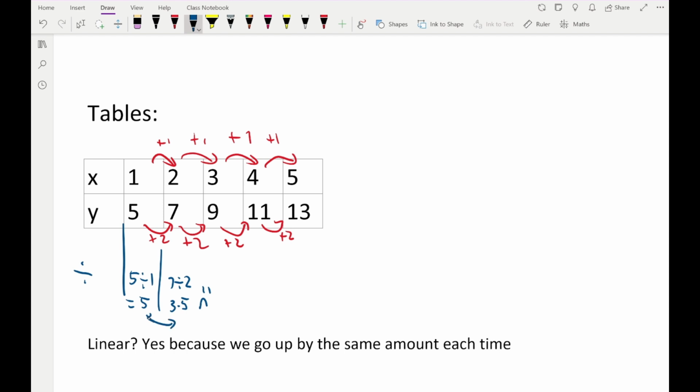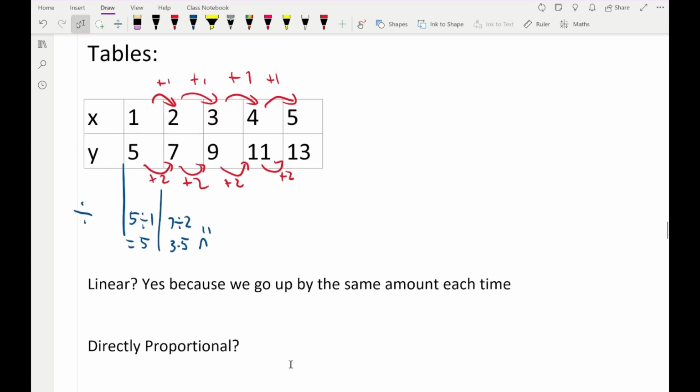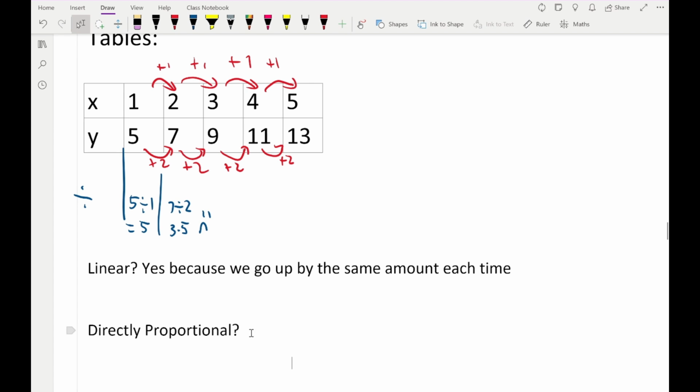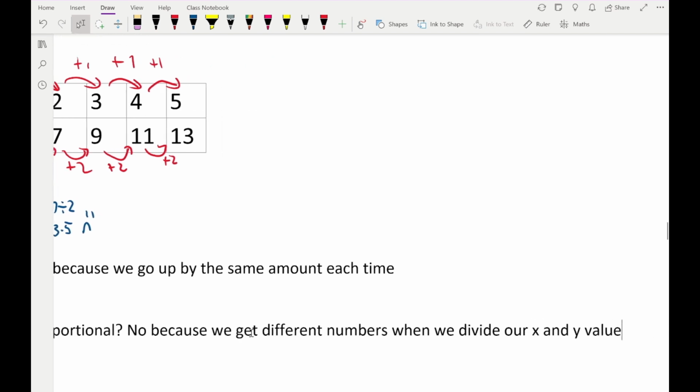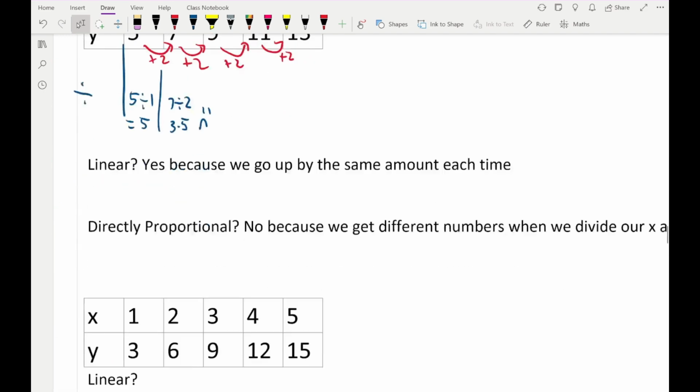If this was directly proportional, it would be like 5, 5, 5, 5, 5 every time we do this. So directly proportional, the answer is unfortunately no, because we get different numbers when we divide our x and y values. Not directly proportional.